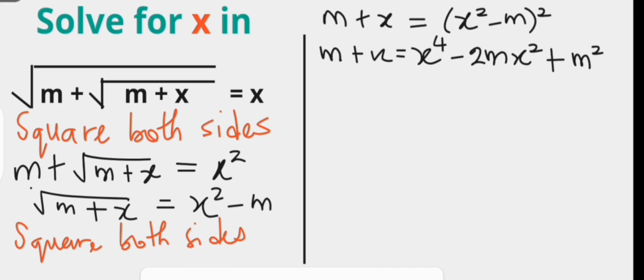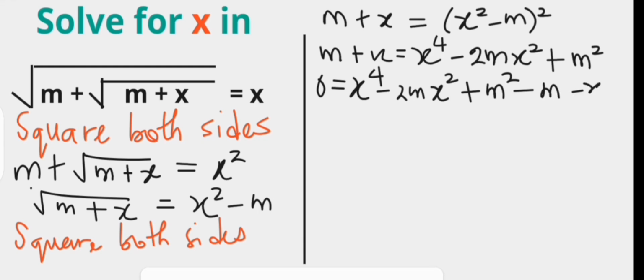We are going to rearrange everything so that we have 0 on the left-hand side. So if we have 0 on the left-hand side, the right-hand side will be first x to the power of 4 minus 2m x squared plus m squared minus m minus x.